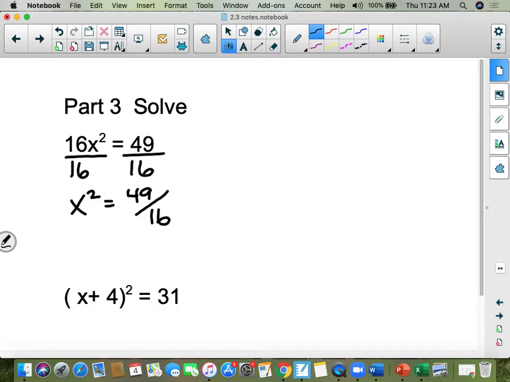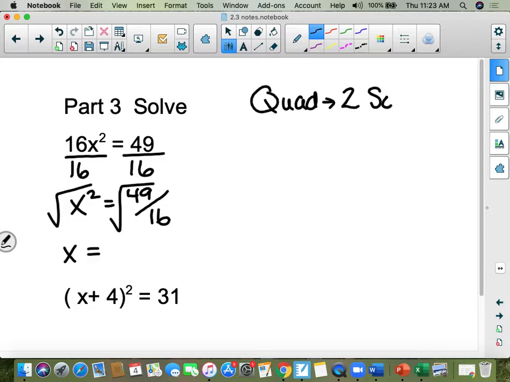And now I'm going to square root both sides, because whatever you do to one side, you can do to the other. So x is going to equal, here's the stickler: if you do it this way, you've got to remember, all quadratics have two solutions. So don't forget the plus or minus sign.